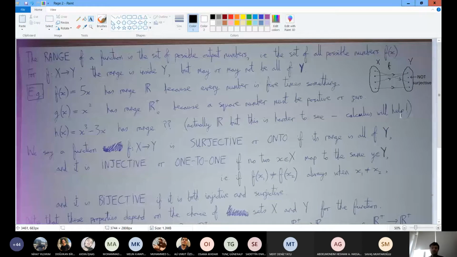Injective is a bit more tricky. So we say a function is injective or one-to-one if you never have two numbers in x going to the same number in y. So that's actually what is happening at this point. You have two different arrows coming into the same point. And because of that, this function is not injective.